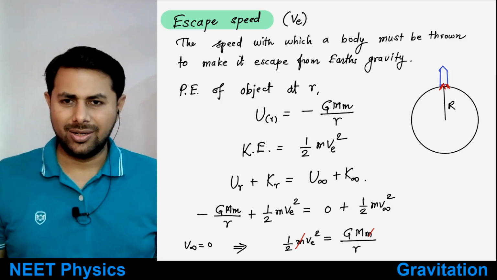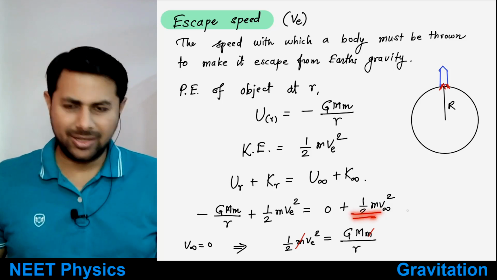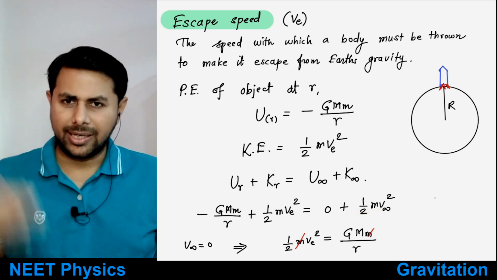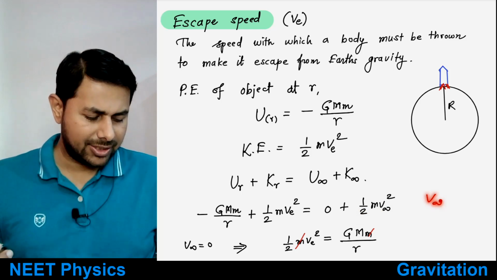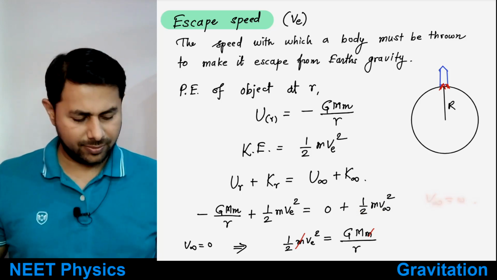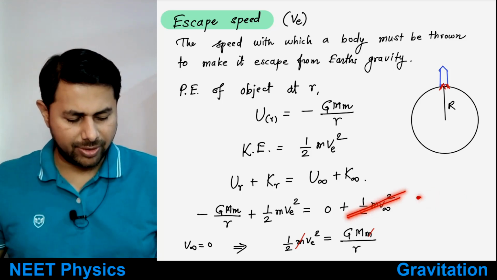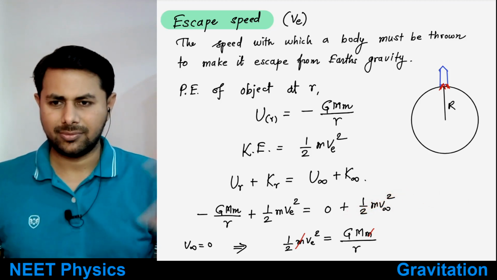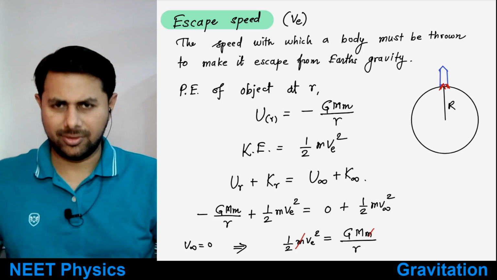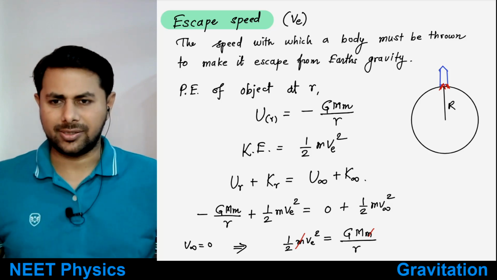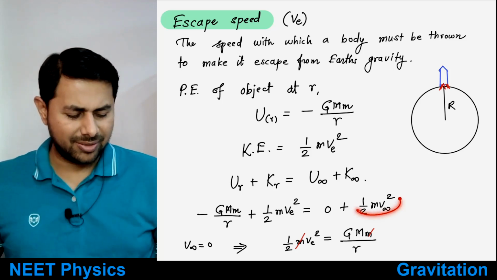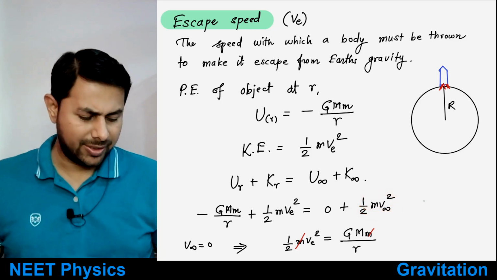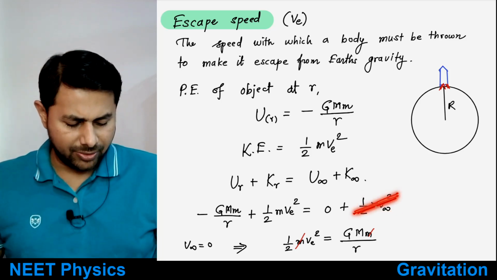So at infinity, the speed can be considered to be equal to 0. It goes to infinity and stops there. Infinity means very, very large distance. The body goes to infinity, stops there. This thing we can equate to 0.